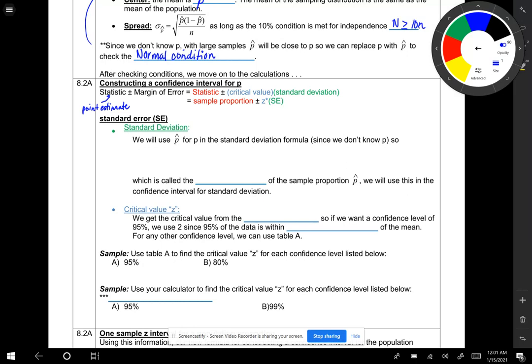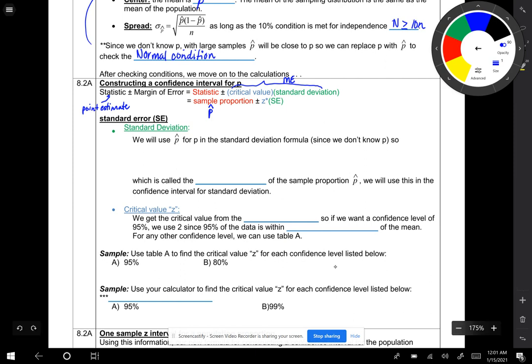And the statistic is just your sample proportion, or p hat. And then this whole thing is your margin of error. The critical value is known as z star, and I will explain what that is in a second. And the standard error is the standard deviation formula.